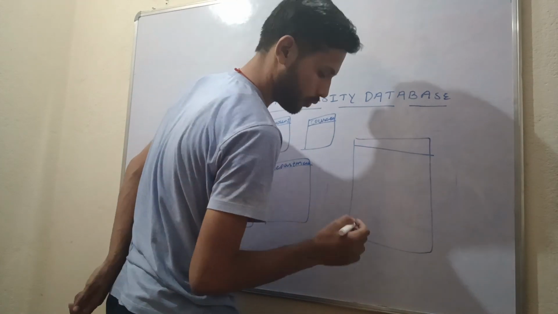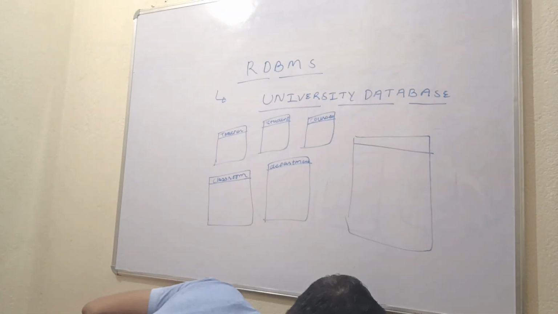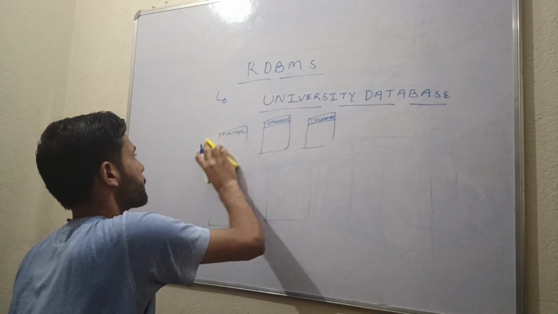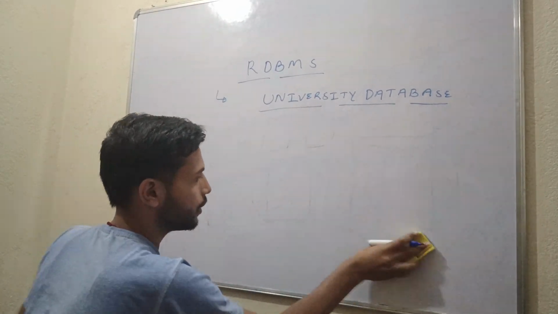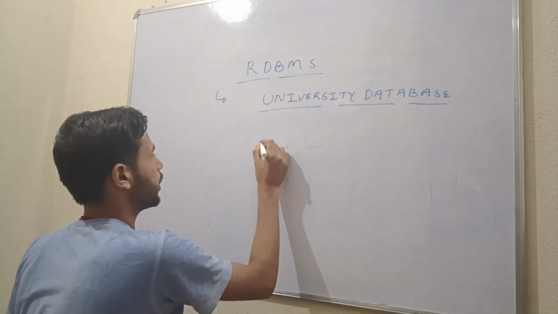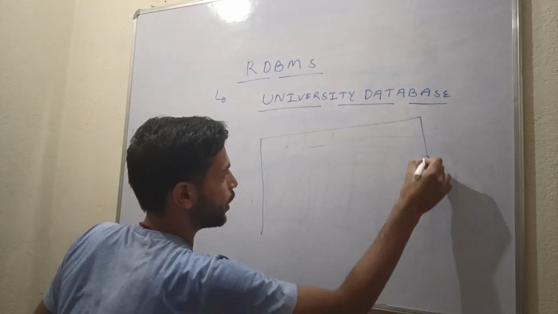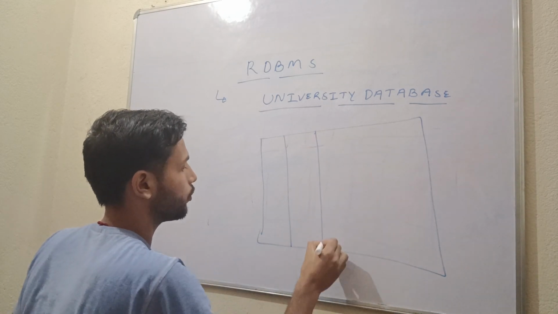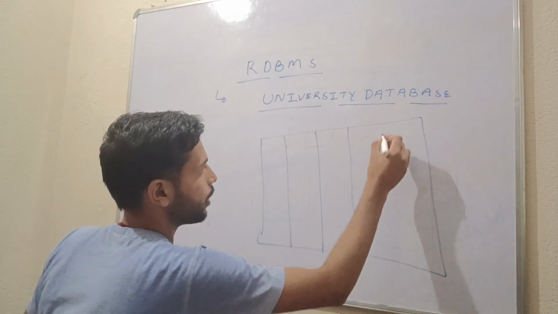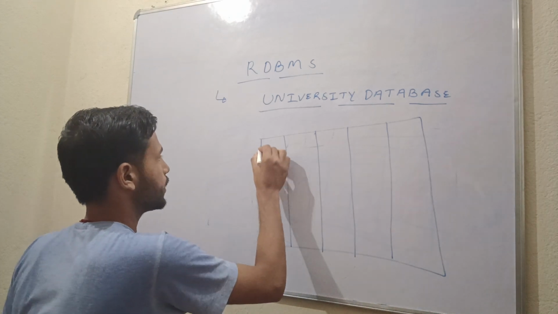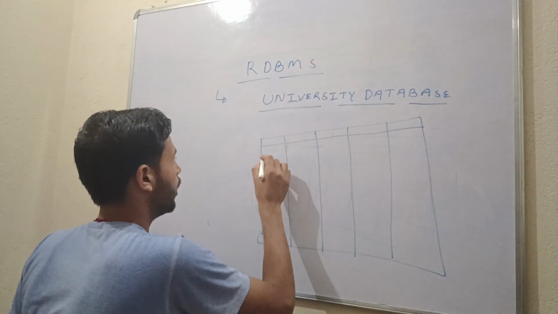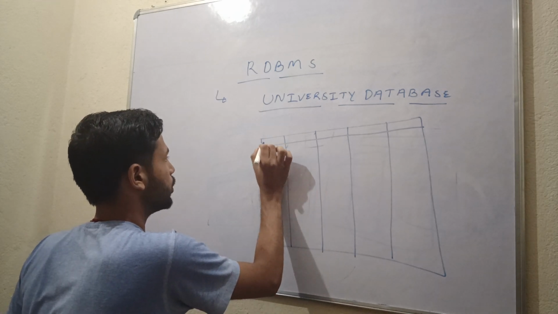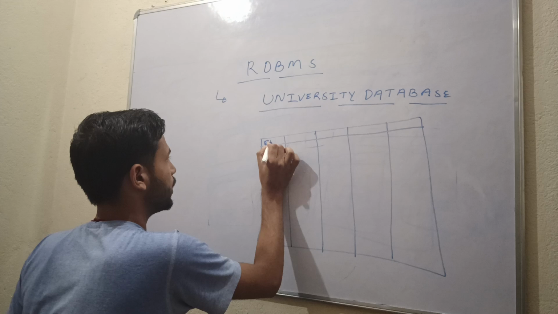In a student table we will have attributes, which are also named columns of the table. We are familiar with those table things from our Excel sheet. So this is how it looks. We will have the table, and the columns in it will be a student ID, which can be written as ID.